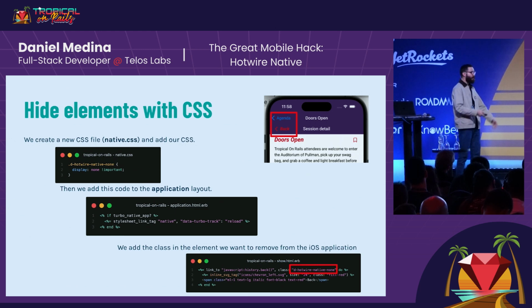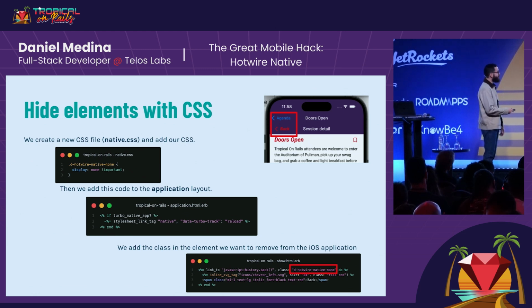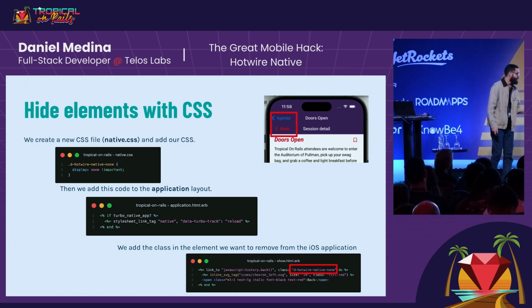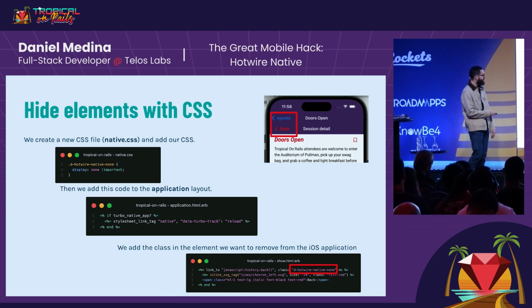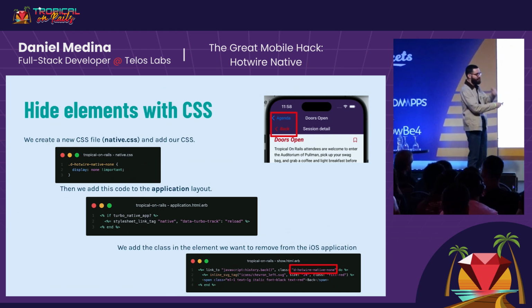Then we go back to our application layout and tell the app, if this app is a Turbo Native app, please add this style sheet, the one we just created. And then we just have to add the class to the element we want to hide. So in this example, I want to hide the back button, the red one.